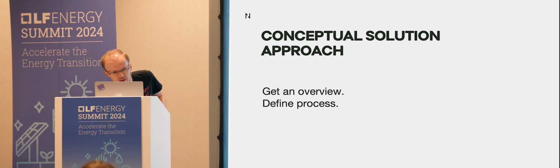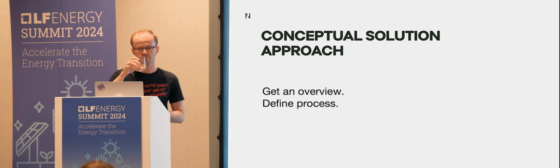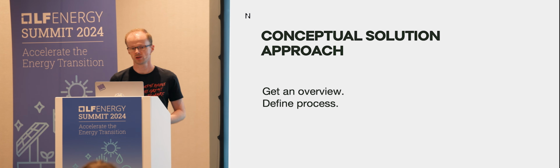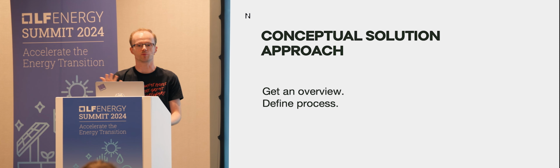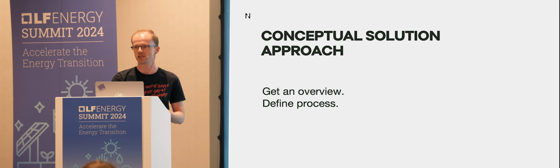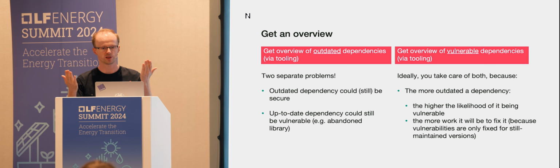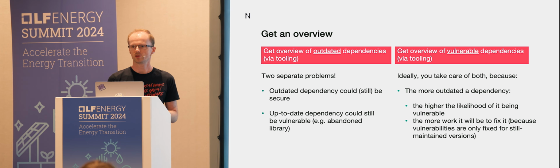So how can we address this conceptually? It starts by getting an overview. And once I have an overview, I have to do something with that overview and handle the dependencies. So the overview means there are actually 2 things to do. On the one hand, I use some kind of tooling to get the outdated dependencies.